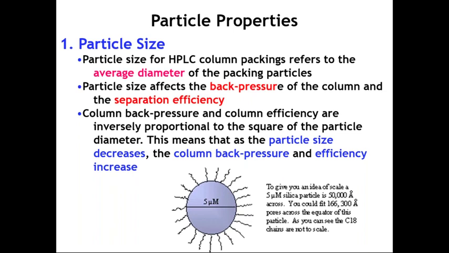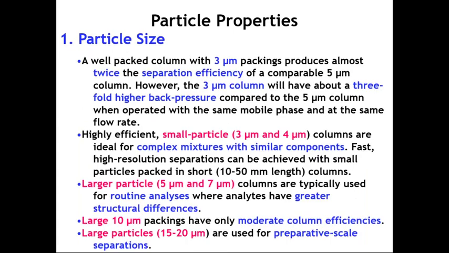Decreasing particle size increases the efficiency of high performance liquid chromatography. A well-packed column with 3 micron packings produces almost 2 times the separating efficiency of a 5 micron column.